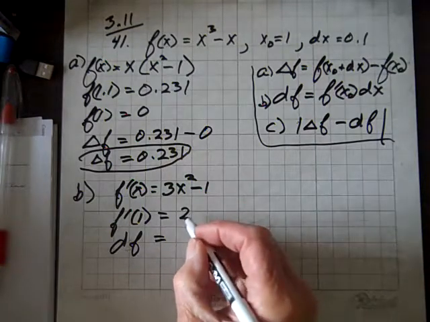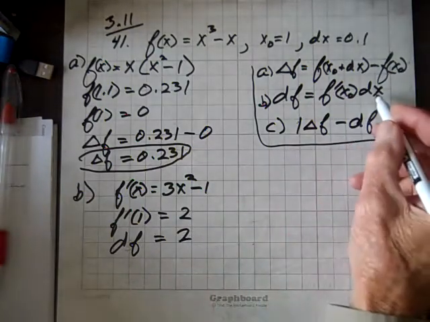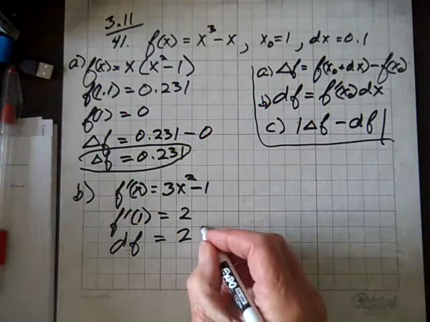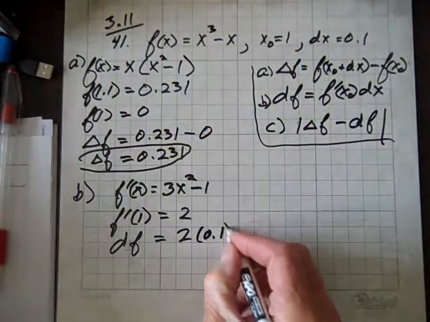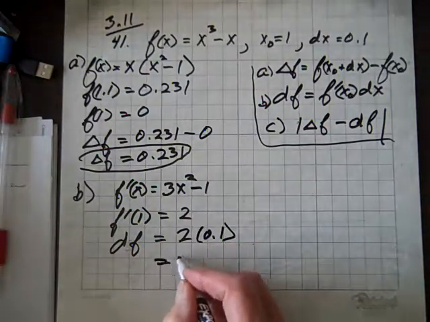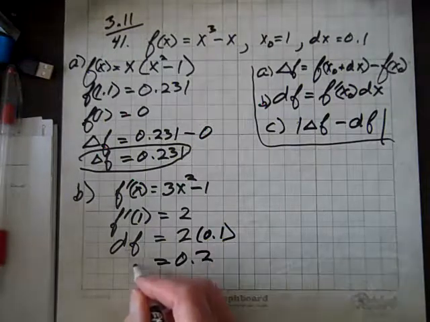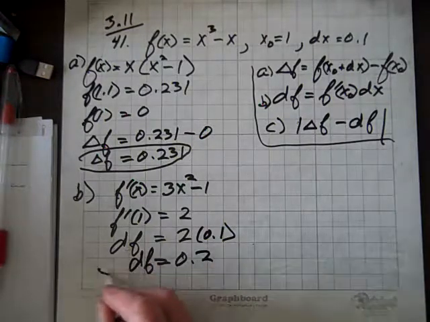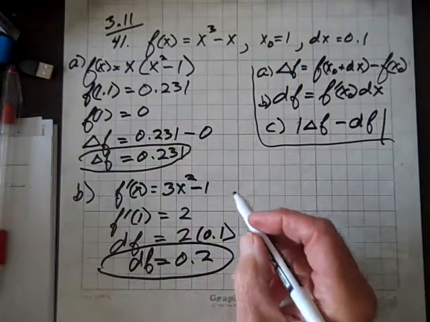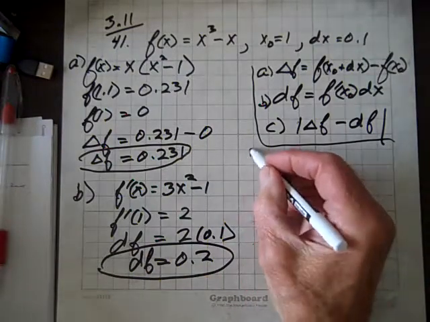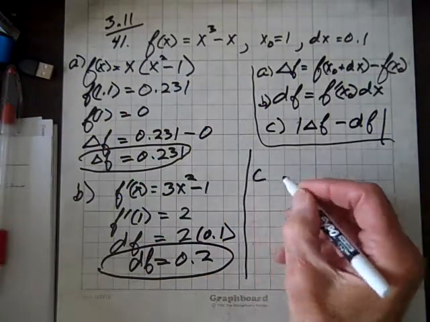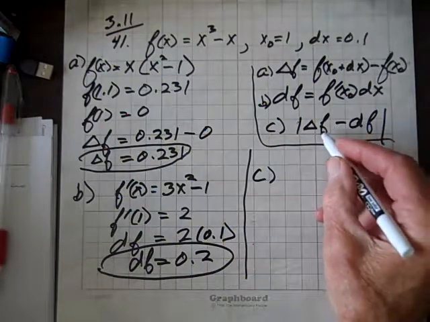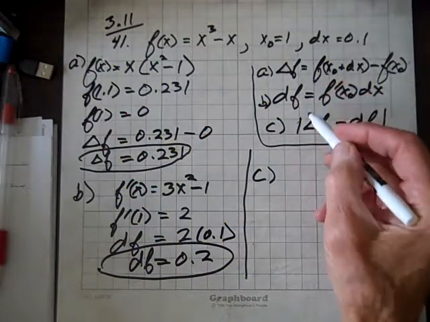and so df equals f prime of 1, which is 2, times dx, which is 0.1, and we get 0.2, and there's our df. Now let's do part C. And so we have to find the absolute value of the difference of these two.